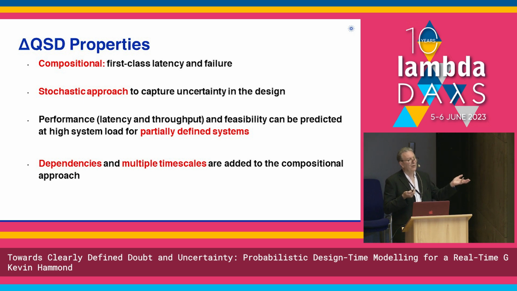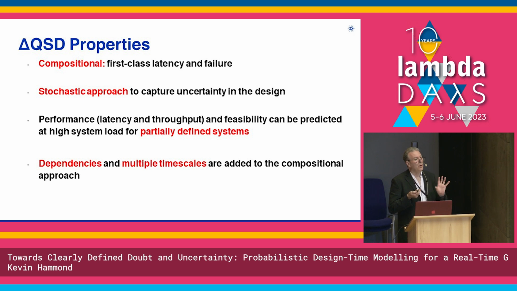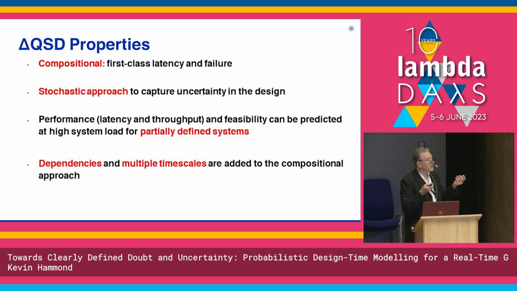You don't need to have the whole system there before you can start to answer questions about the overall performance. The more constructed it is, the better able you are to answer the questions, of course. But an important thing, if you're doing system design and exploration, is to be able to answer the question, is this going to work, before you've actually built the darned thing. Because by the time you've built it, you've spent the £12 billion, and it doesn't work. You've got a problem.